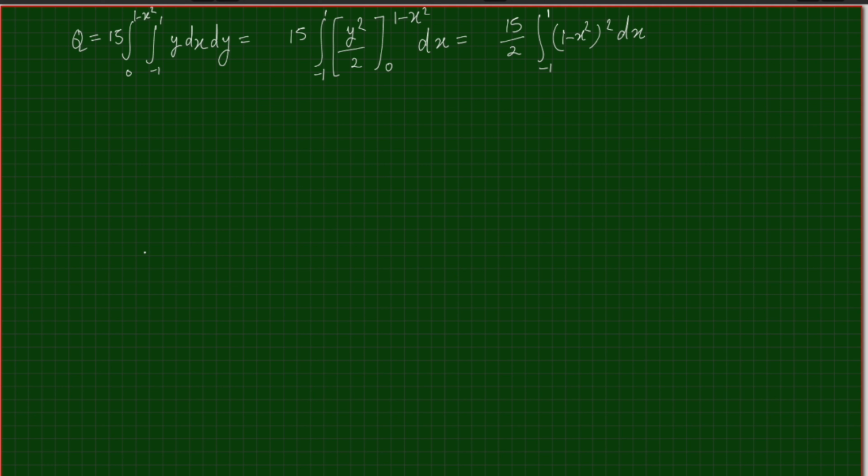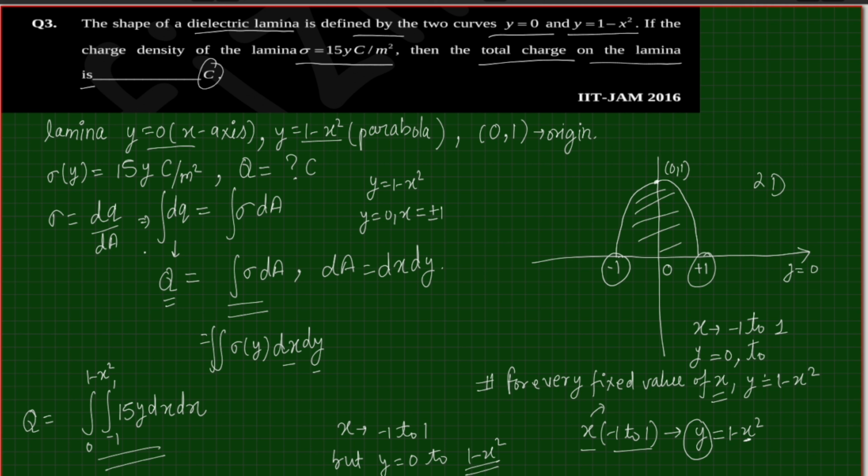And in this graph we can see that the area in the second quadrant is equal to the area in the first quadrant. So if I multiply this area by 2, I can get the total area, because this is symmetric and equal in both of the quadrants.